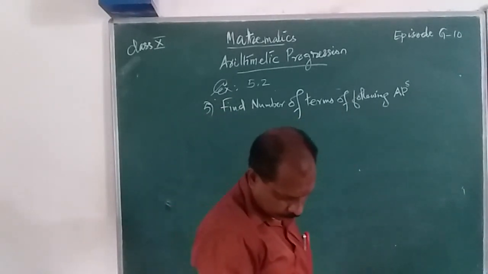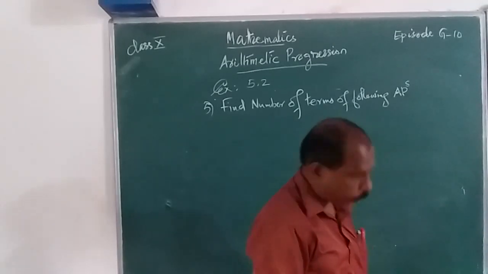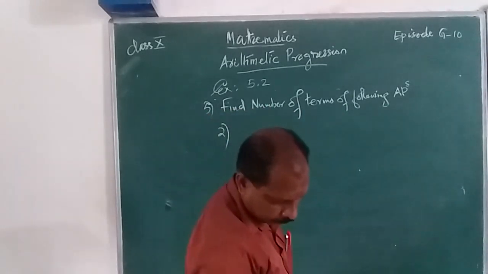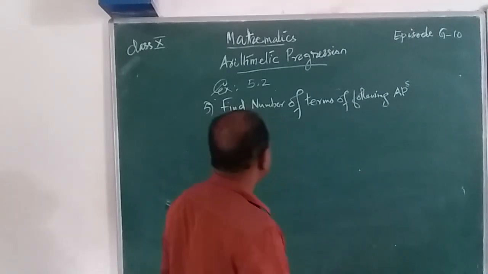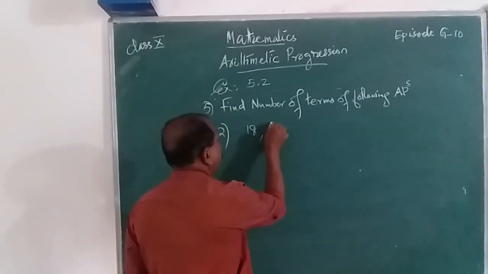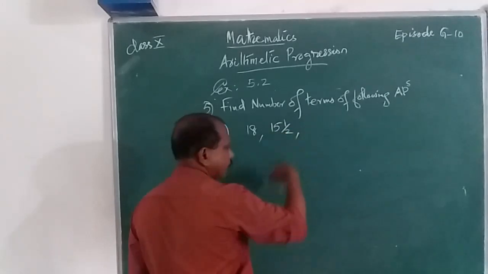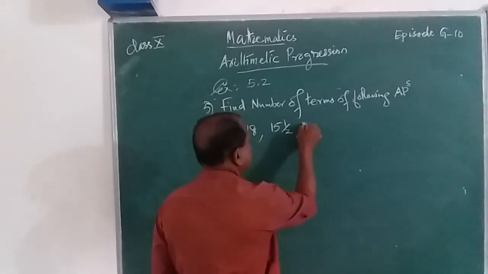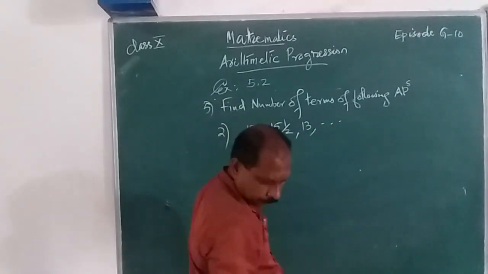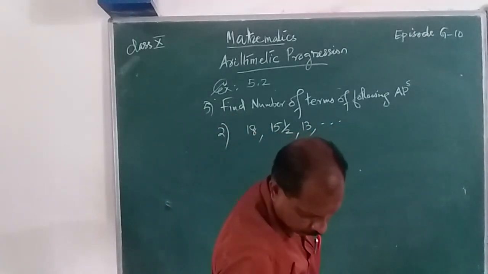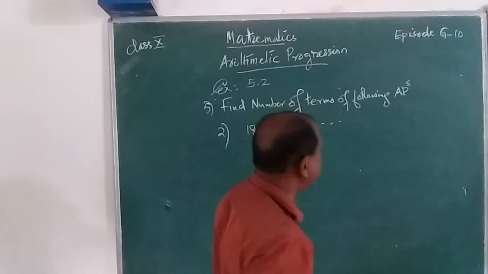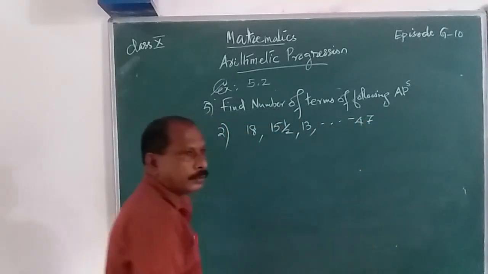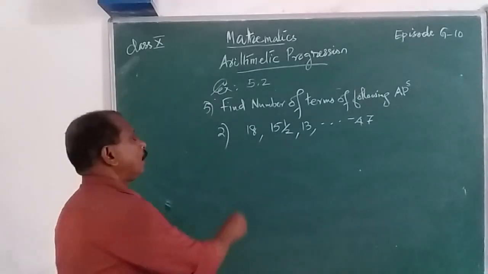Then the second question is 18, 15 and a half, then 13, etc. The last one is minus 47. Okay. Same type of question.